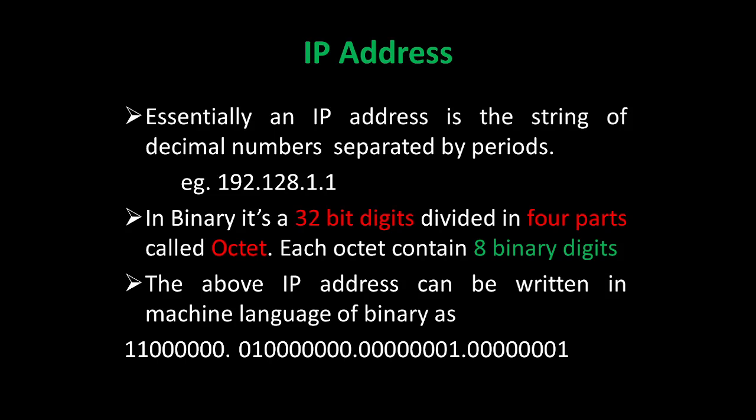So 192 is going to be written as 11000000. Remember, these must be 8 bits. Another 8 bits for the 128, and then we have the rest. So basically that's how it is.